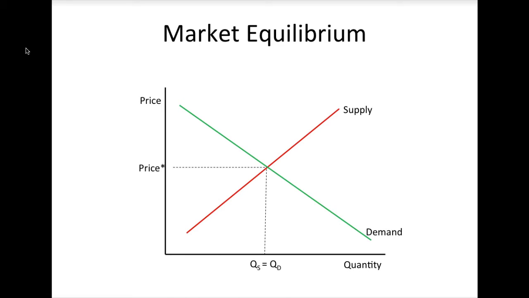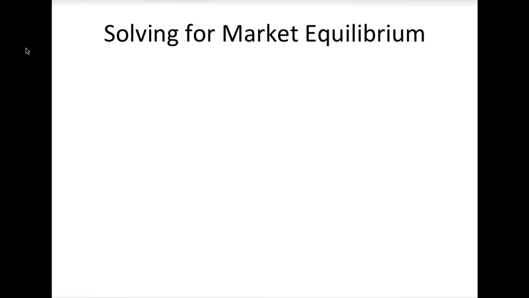Using this logic, we can see that the only point at which there are no forces that will cause the market price to change is the point where the market supply and demand curves cross. This is the market equilibrium, where quantity supplied just equals the quantity demanded.